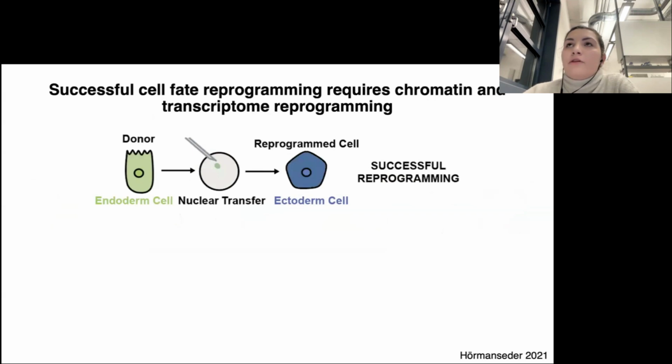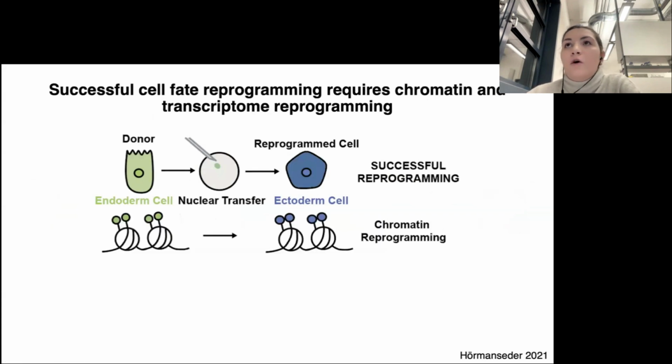However, from different reprogramming approaches and from the work of many, many labs, we know that in order for reprogramming to be successful, it requires chromatin and transcriptome reprogramming. So what does that mean? If we look at nuclear transfer reprogramming from an endoderm cell to an ectoderm cell, we would ideally hope that the chromatin landscape of the starting cell type reprograms to the corresponding chromatin landscape of the reprogrammed cell.